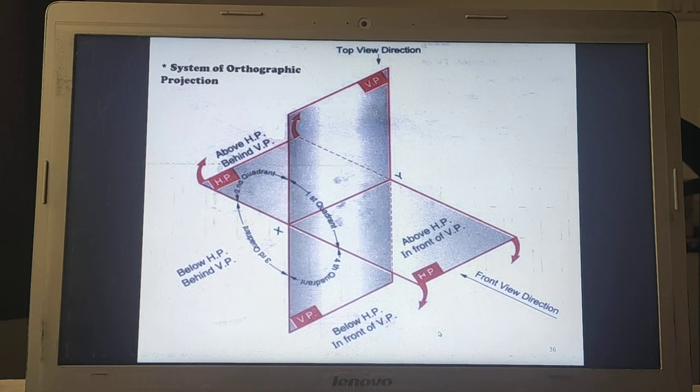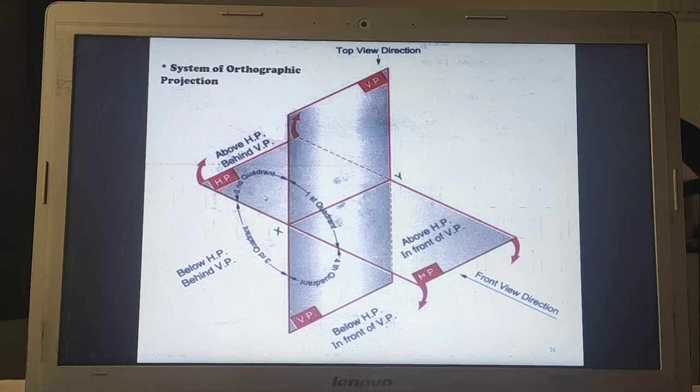Now, a very important thing, the system of orthographic projections. As you can see, we have two planes. We have this HP, which is the horizontal plane, and this VP, which is the vertical plane.